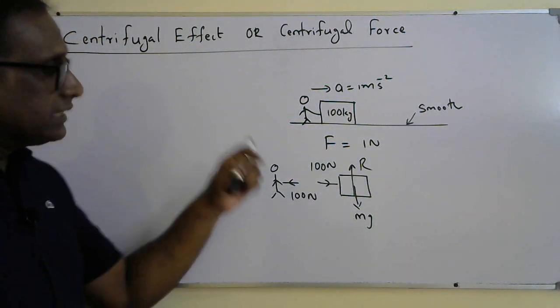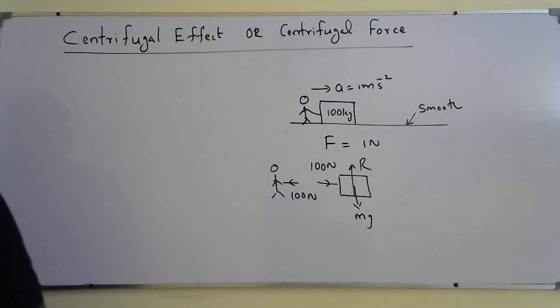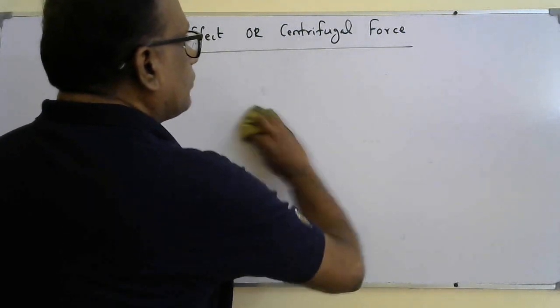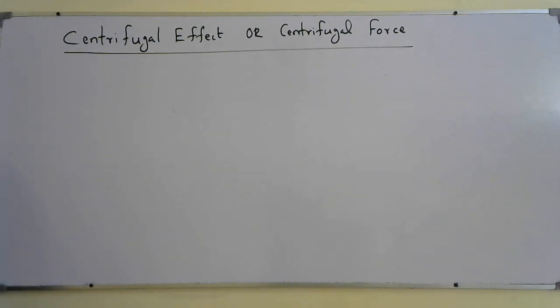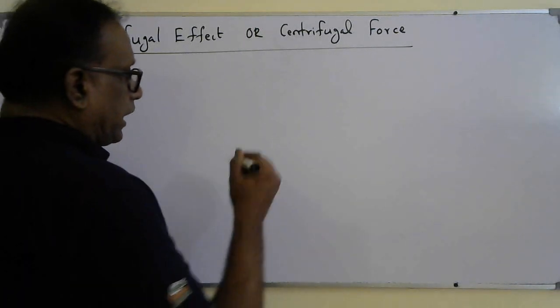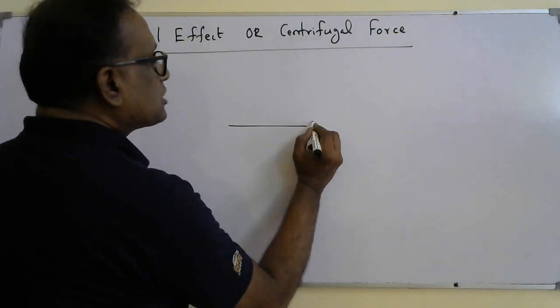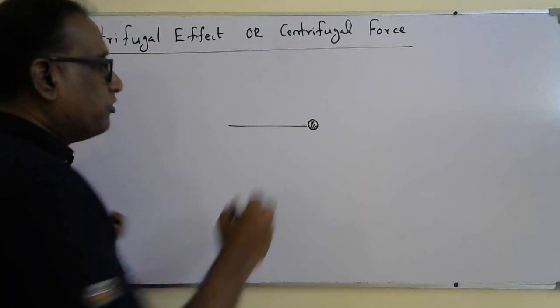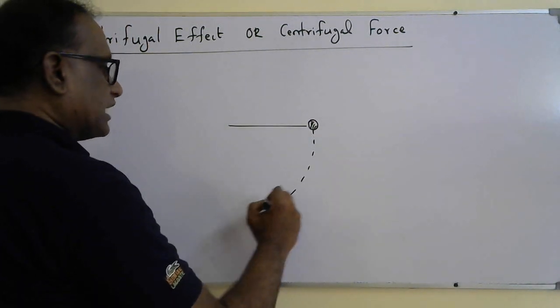By using this idea, we can explain the centrifugal effect. For example, consider a circular motion where a string is attached to a small sphere, kept on a smooth horizontal floor, and it is moving on a uniform circular path.